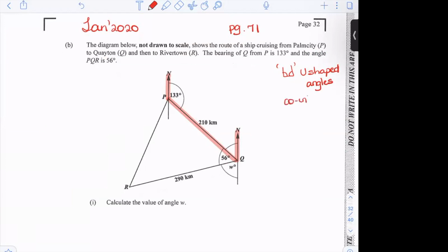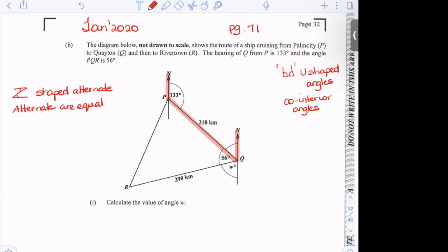All right, how do we call U-shaped angles? Co-interior angles. Do you all remember that from yesterday? Yeah, miss. So write down: Z-shaped are called alternate, and alternate angles are equal.